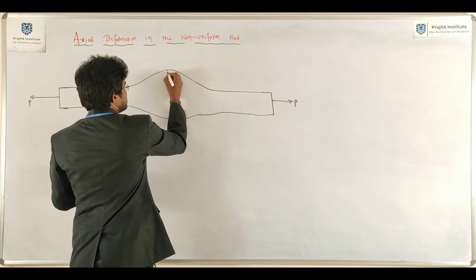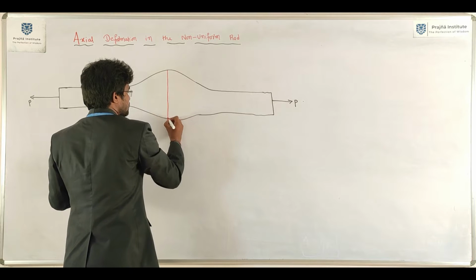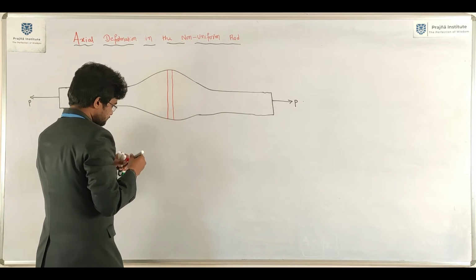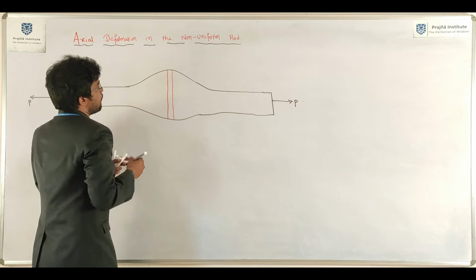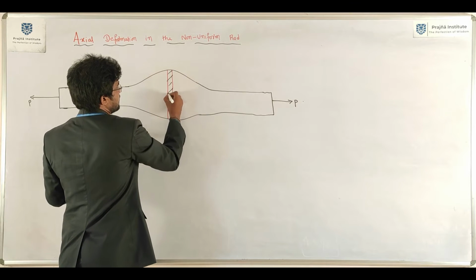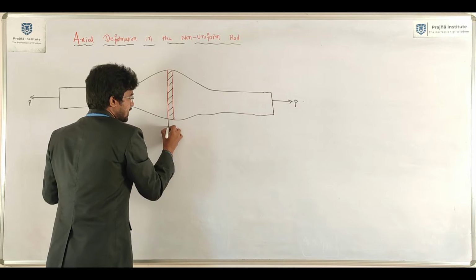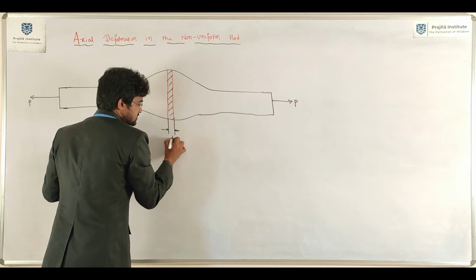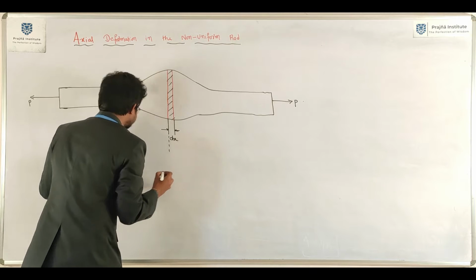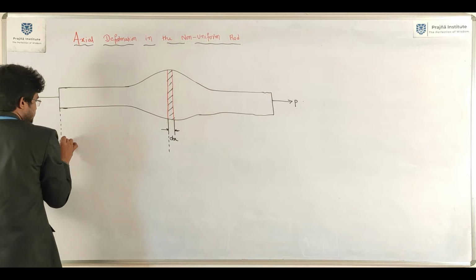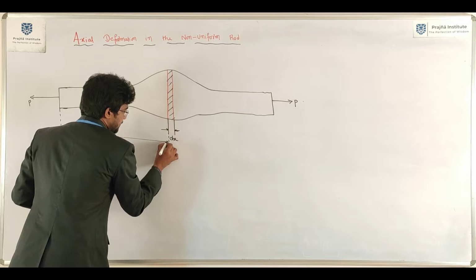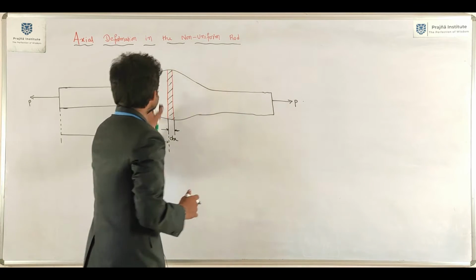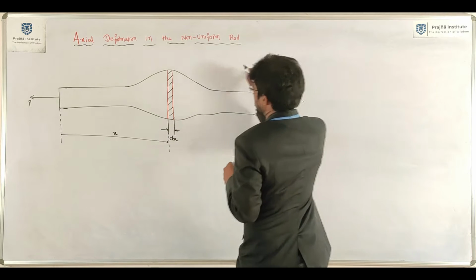So, just take a section, follow the procedure. The length of the section is dx. It is at a distance x from this end. Now, take an element.